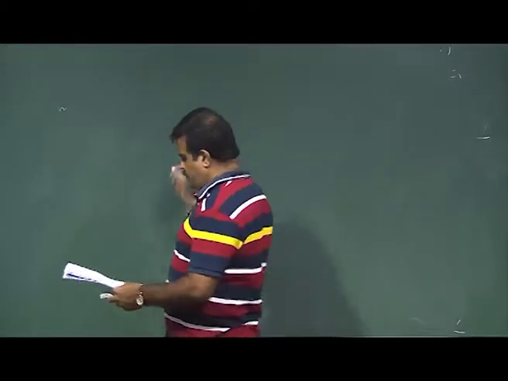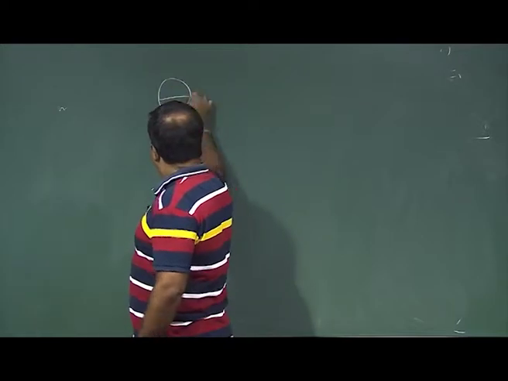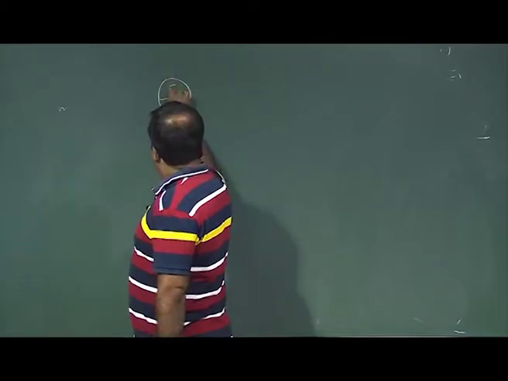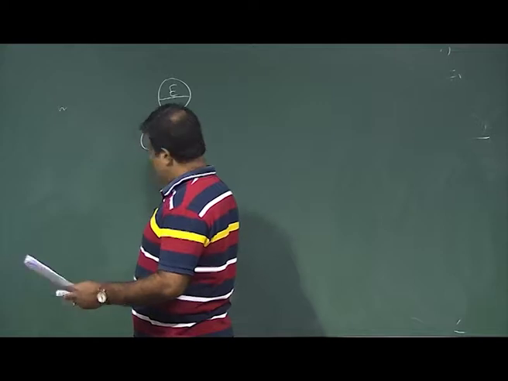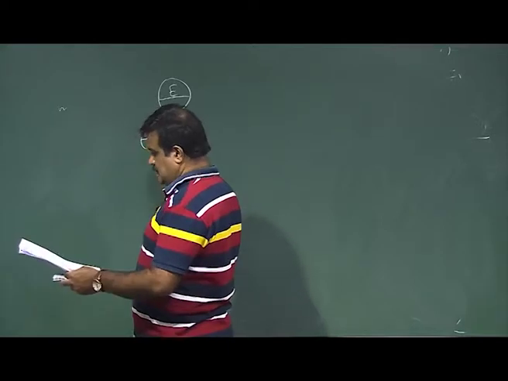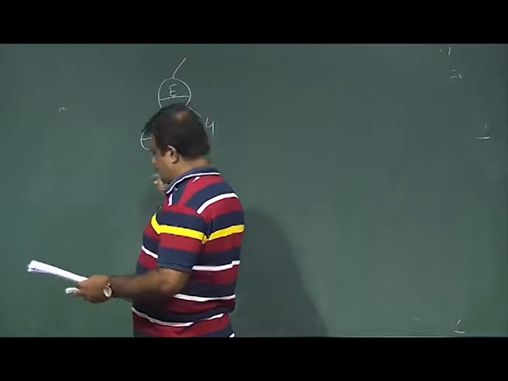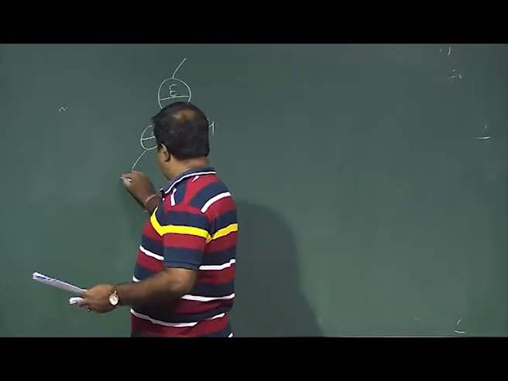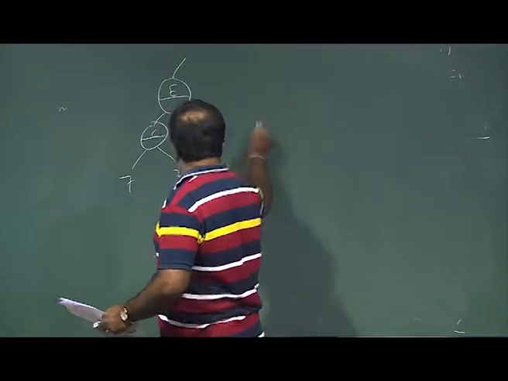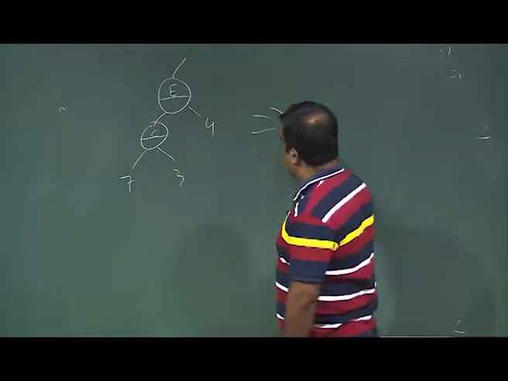So, suppose we have a tree like this: E, then we have C, and we have a tree hanging over here with 4, 7, 3. Now, we want to bring C up and E down.